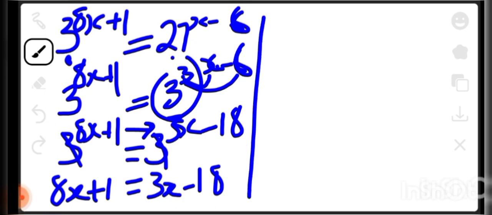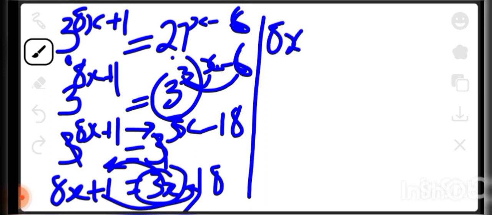So the next thing we're going to do now will be, let's collect like terms. This will move to this side, then this will go to this other side. So this 3x, that one doesn't have a sign, anything that doesn't have a sign is positive. So we're going to have 8x minus 3x, then equal to, this one is already minus 18. Remember that it's already minus 18.